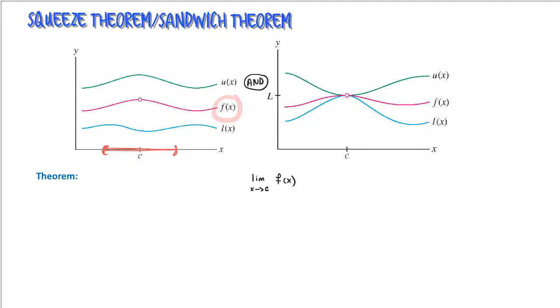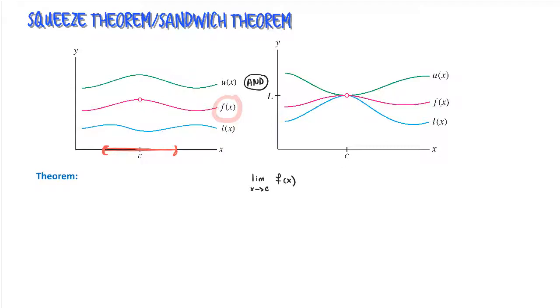It has to be sandwiched between u and L. And you can see the squeezing. See how the green graph and the blue graph actually join each other over here. So all of a sudden, f remains in between, but around here, f is completely squeezed. It is trapped between u and L.